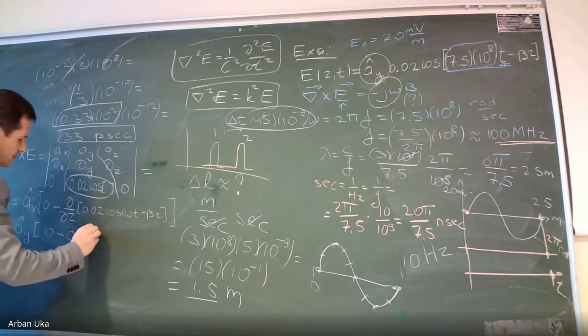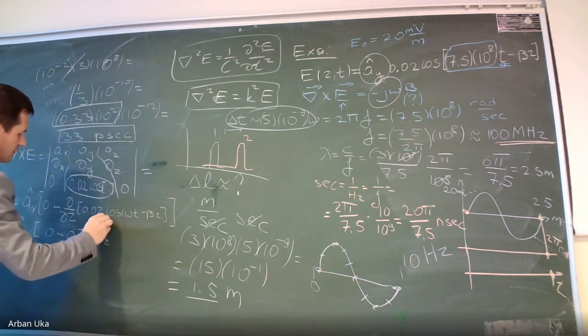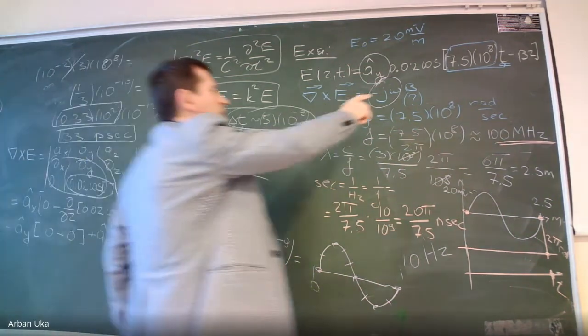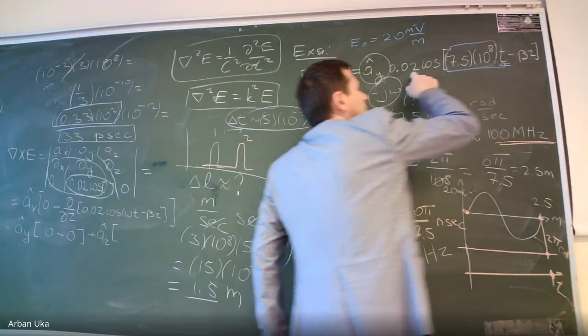Plus az, in which case we have the derivative of this term with respect to x minus the derivative of the 0 with respect to y. But in this case, what is the derivative of this expression with respect to x?